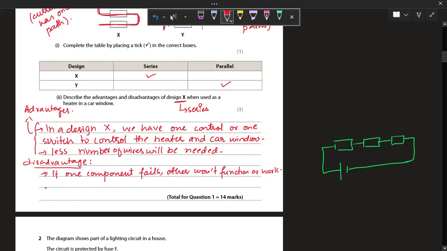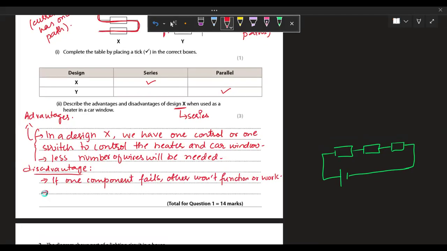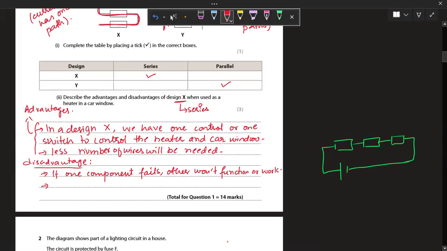Any other disadvantage do you think we can have here? Can I control the window and the heating coil separately? No. Can I control heater and car window independently?